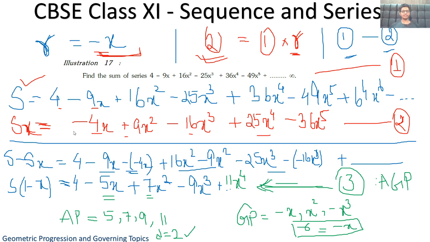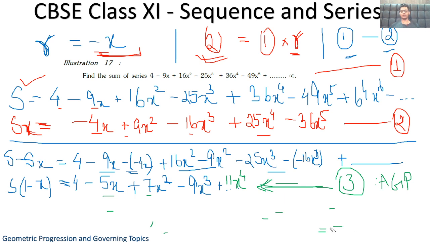Now we'll do one thing. We got equation 3 as an AGP, and we know how to solve an AGP.